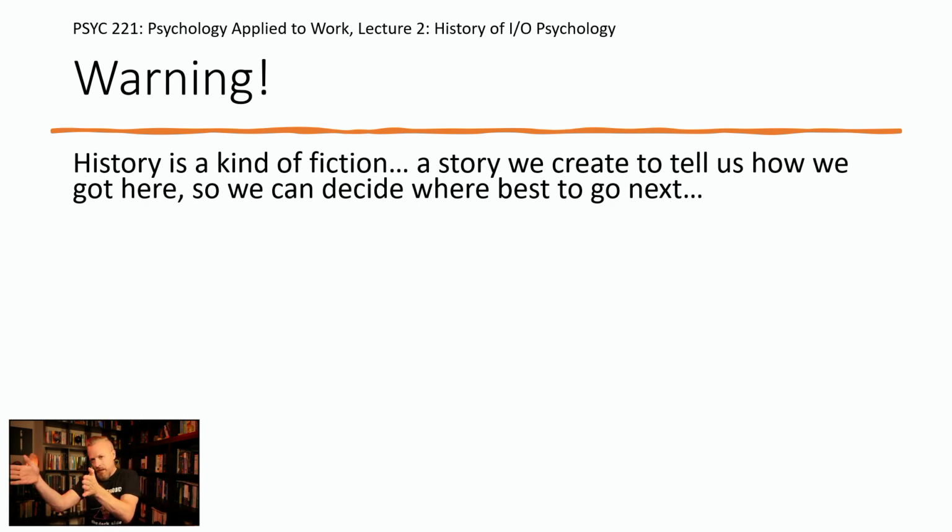We apply that forward, and then we try to figure out which decision plays out the best for whatever we're trying to decide about, and then we move forward and hopefully we make a good decision.